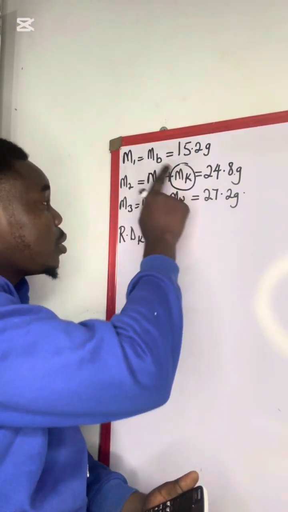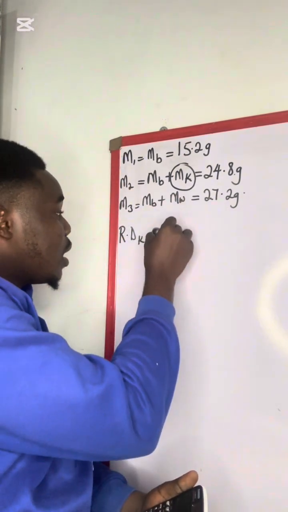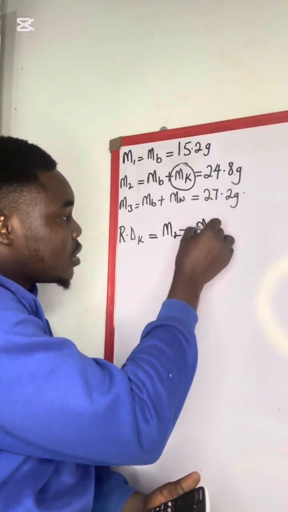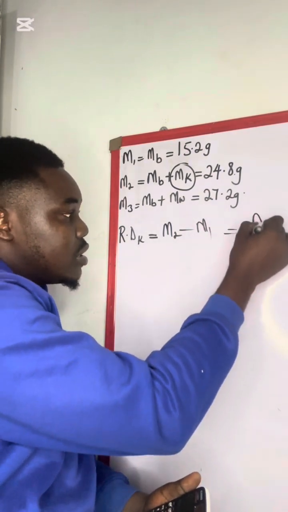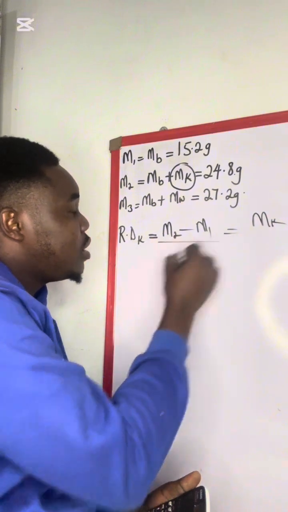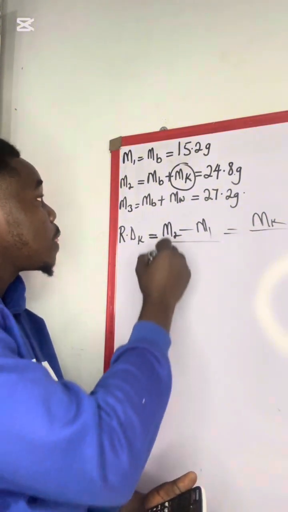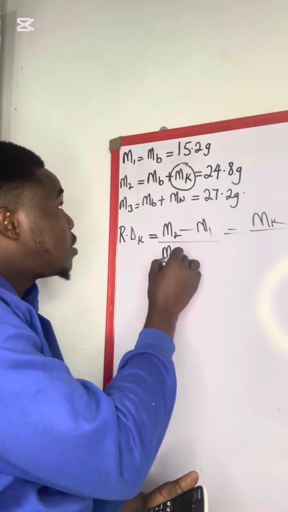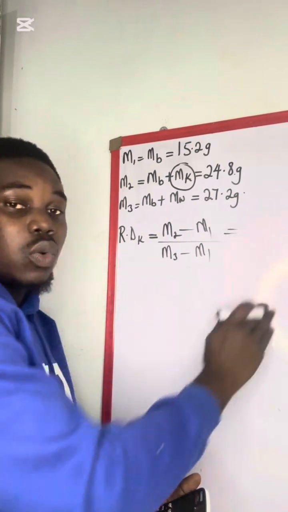To get kerosene, I'm going to do M2 minus M1. That will give us the mass of kerosene. You agree with that? And then to get mass of equal volume of water, we're going to do M3 take away M1. That will give you the mass of equal what now?